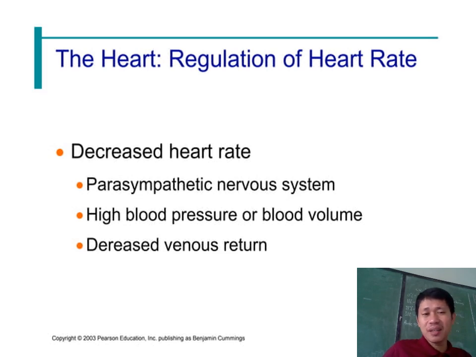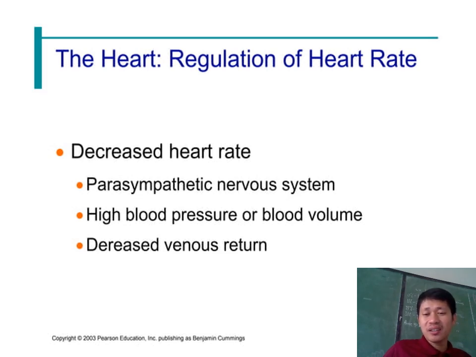Same with the previous slide. When the patient is low blood, heart rate will increase. On this side, when the patient is high blood, then the heart rate will decrease. That's the correlation. High blood pressure will result in decreased heart rate. And why is that?